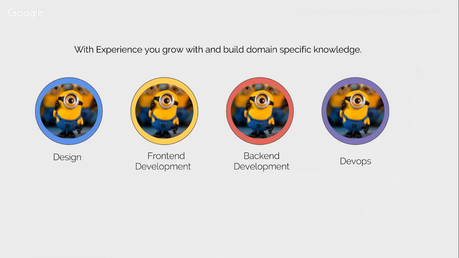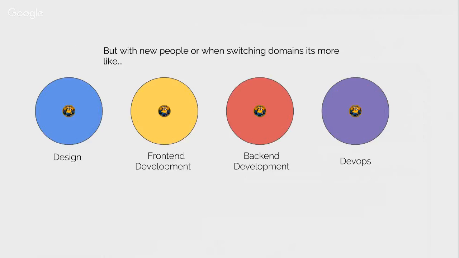So you think, oh, I can just jump over to another place, I'm good. But in actuality, this is how you really are when you go into a new domain. A small minion in the middle, and that big circle around you is all the domain-specific knowledge that you have to figure out.